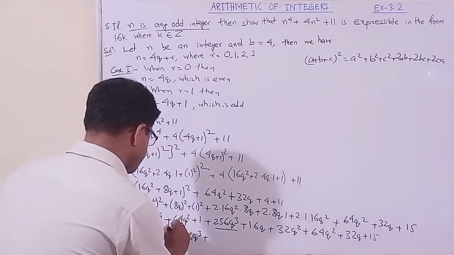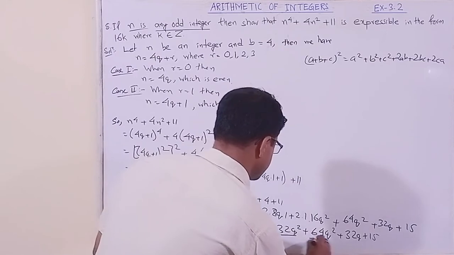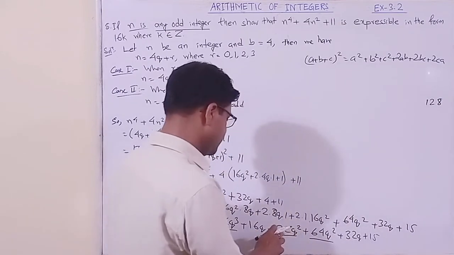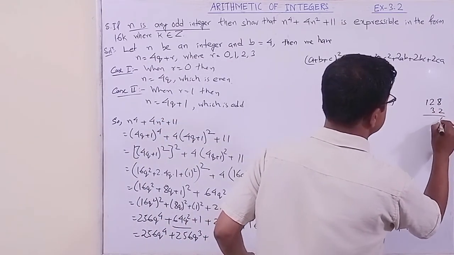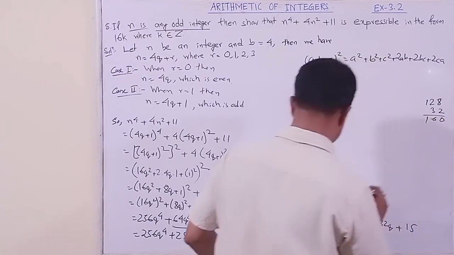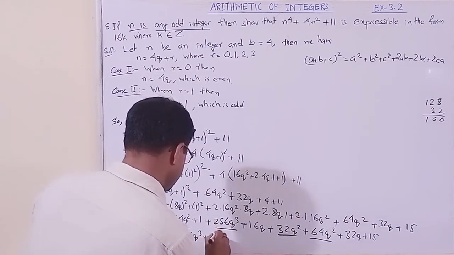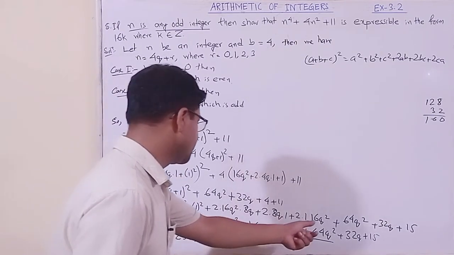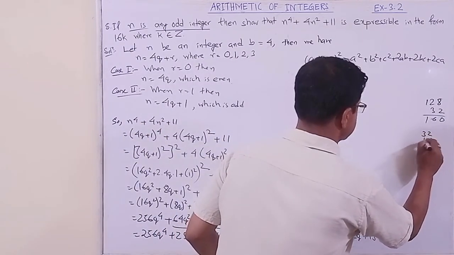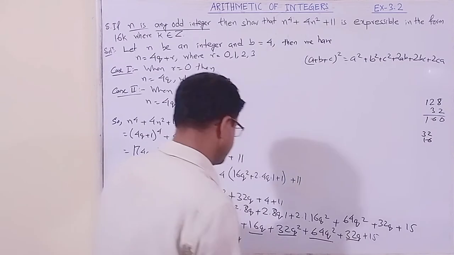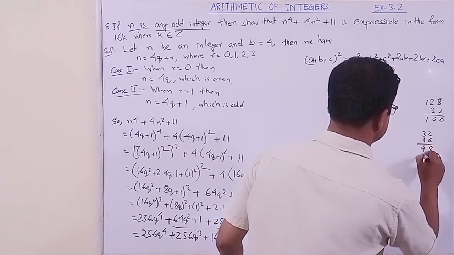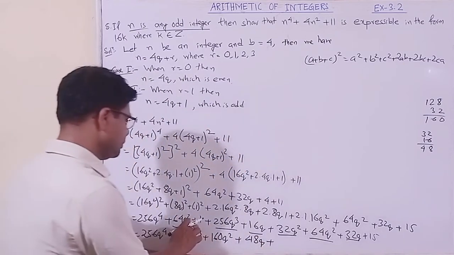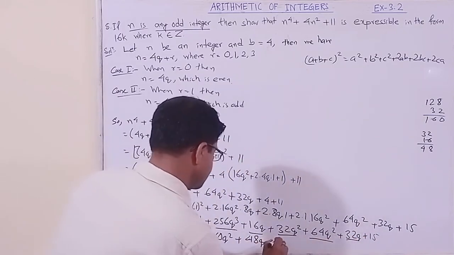You see this term is 64q square, 32q square, 64q square: 64 plus 64 is 128, and along with this 32, that is 160q square. Then the terms containing q, 16 and 32: this 16q and this 32q we are adding, 48q. Okay, plus this 1 and this 15 is 16.